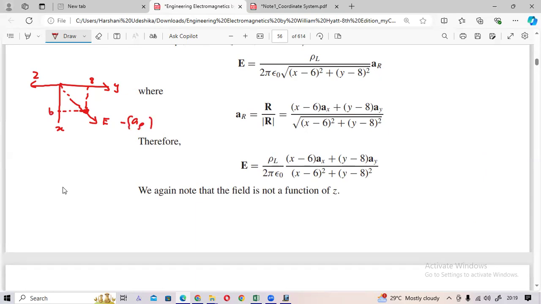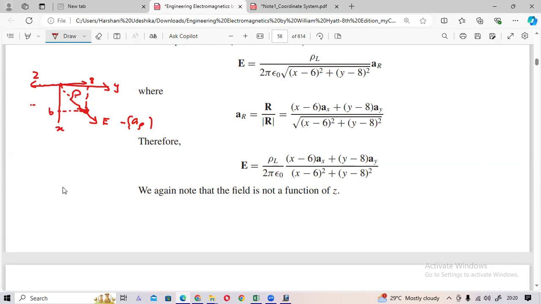Now if we are going along the Z axis, you are coming here and here, parallel to Z, so the distance from the Z axis is not changing. That is rho, and it is not changing.